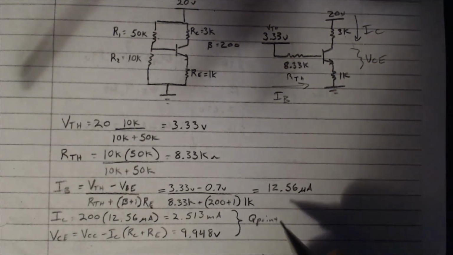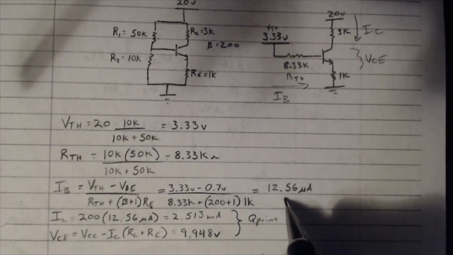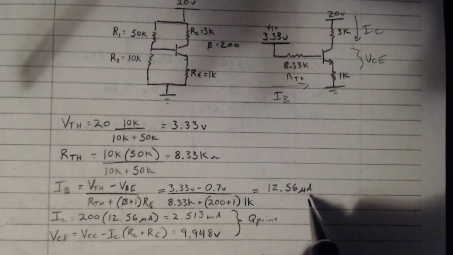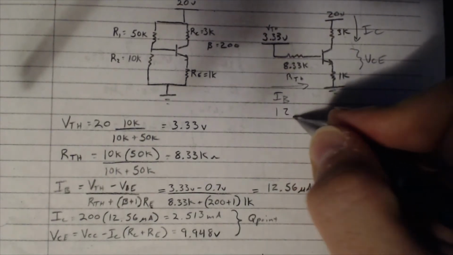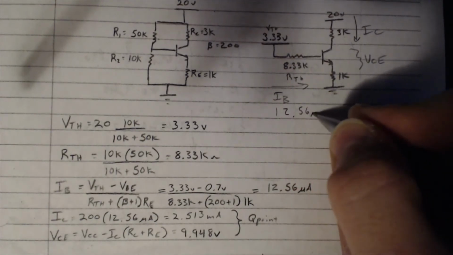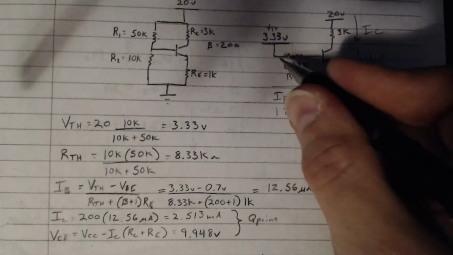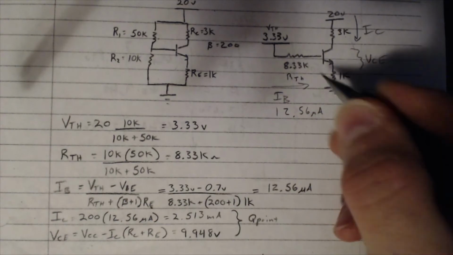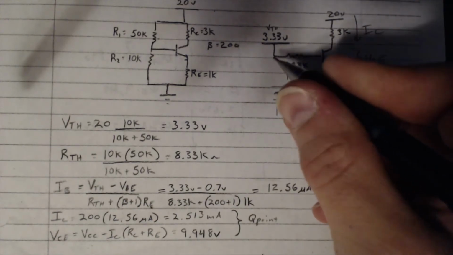And we arrive at a base current of 12.56 microamps. So that's our base current. Over here we have 12.56 microamps entering the base of the transistor, following this path that I keep outlining with my pen.